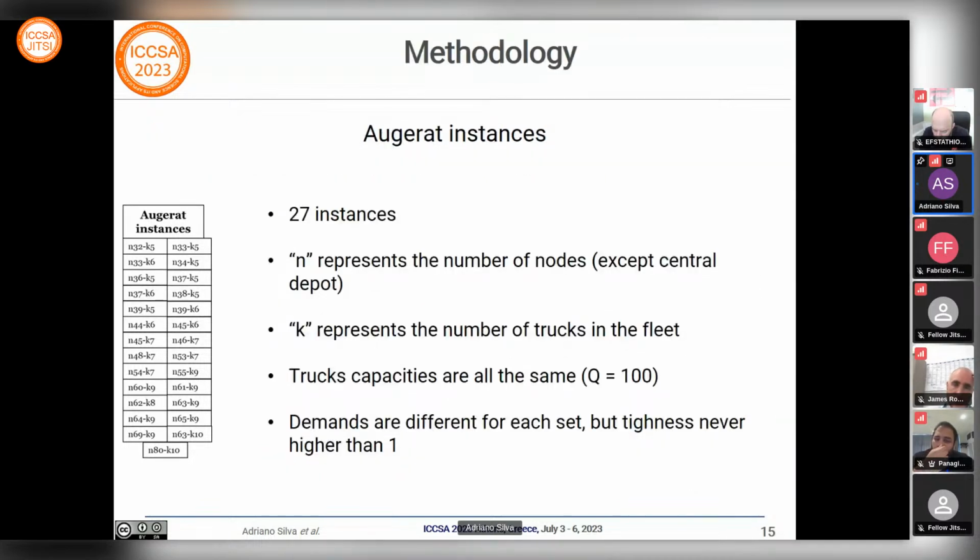This database is comprised of 27 instances, and each name carries the information regarding the number of clients, denoted by N, and the number of trucks used in this instance, denoted by K. Truck capacities are all the same, 100 units, and client demands are all different, but the tightness is never bigger than 1. For those of you who are not familiar with this parameter, it is basically the ratio between the sum of all demands and the sum of all truck capacities.